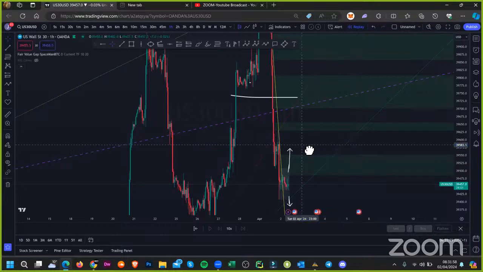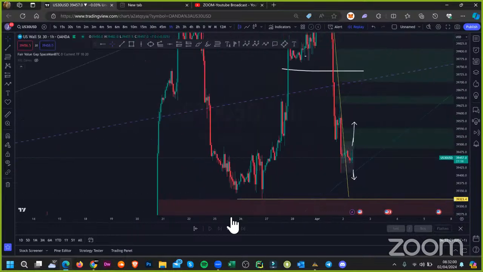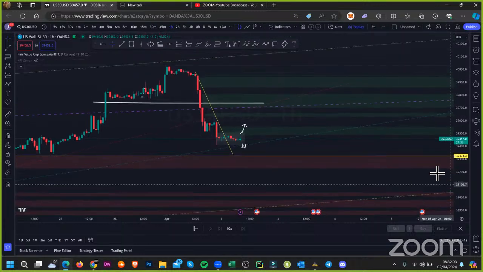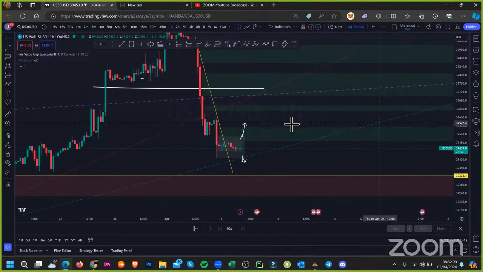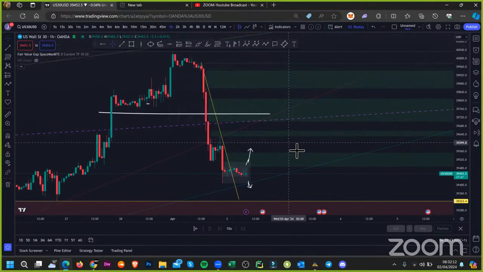All right. Now, in saying that, we have to make sure that we understand what's the likeliest place the market may go.